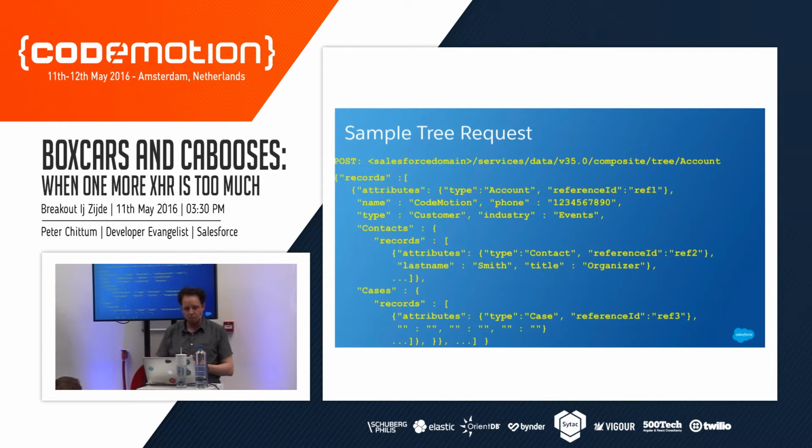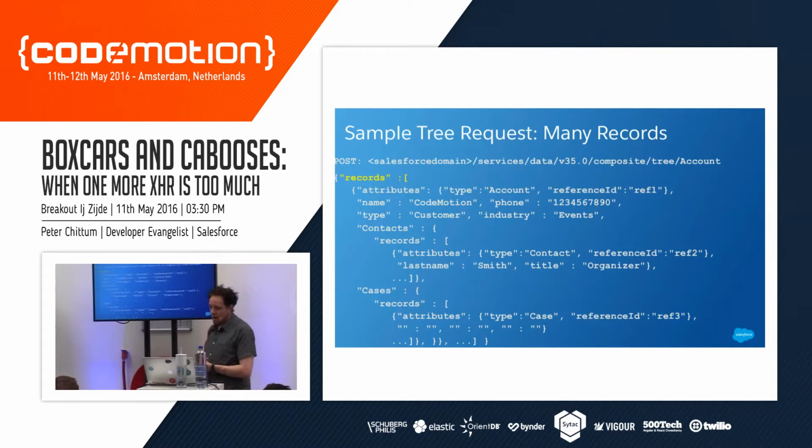So it looks a bit more like, whoa, that's a lot of stuff. Kind of breaking it down, right? First thing is I have an array of parent records. And there's the parent record.